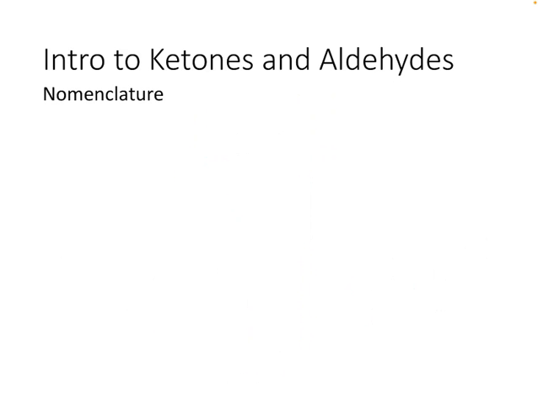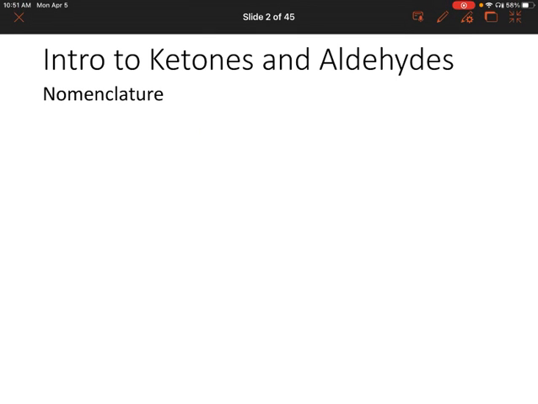So let's talk about how to name aldehydes and ketones. We'll start with aldehydes. And let's look at a relatively simple aldehyde. So we've got a chain of carbons with our aldehyde there. So remember, the first thing we always want to do is look for the longest carbon chain.